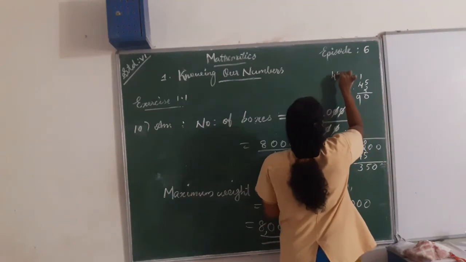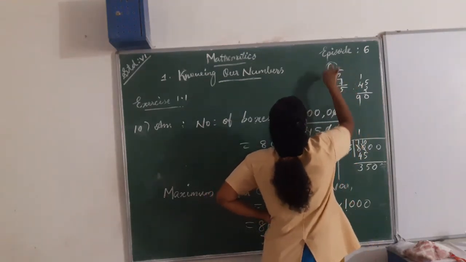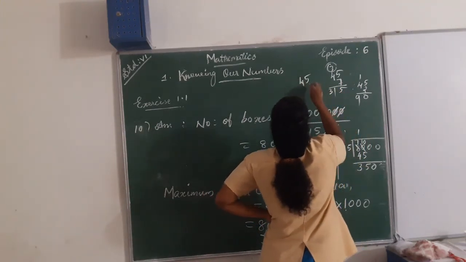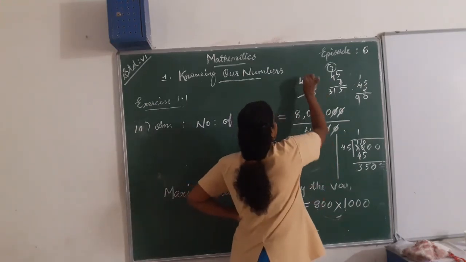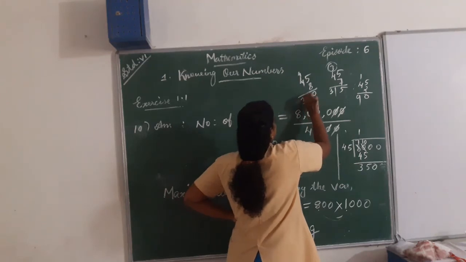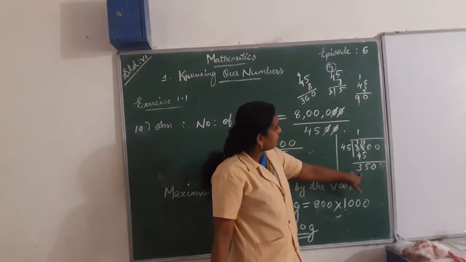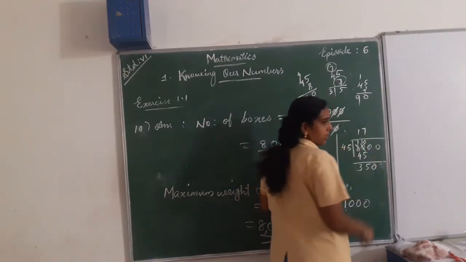We multiply 45 into 7, which is 315, and 8 fives are 40, so 360 is greater than 350, so we take 7. We can write 7 here.